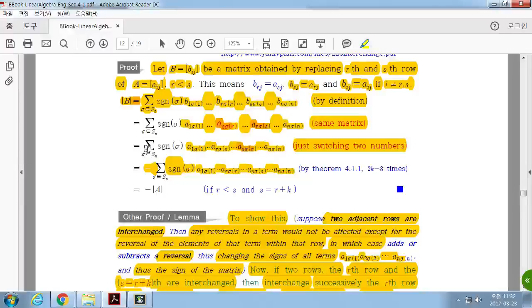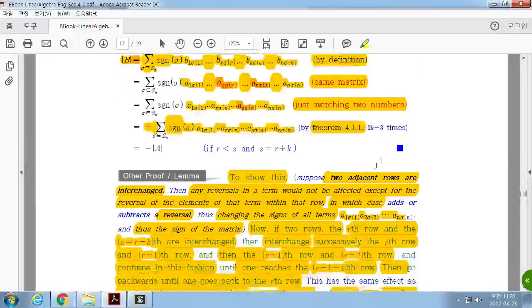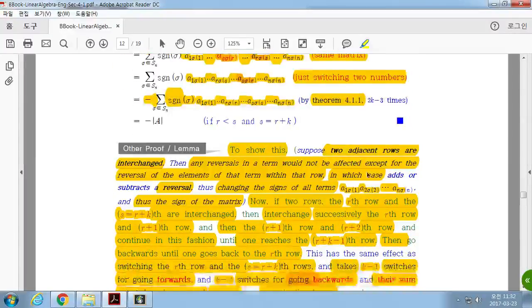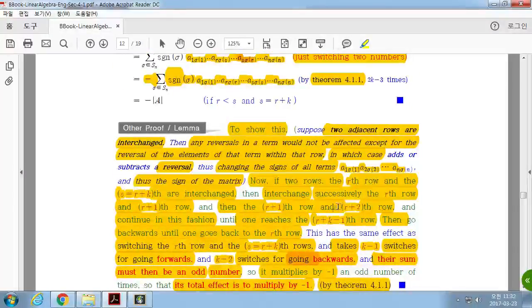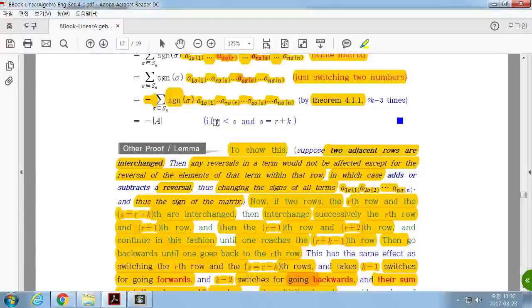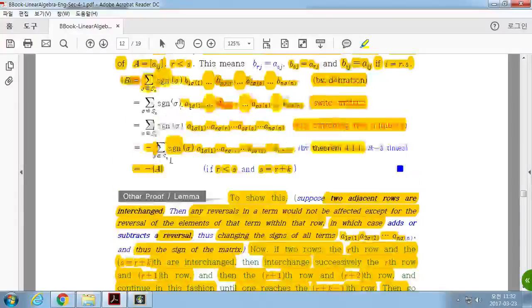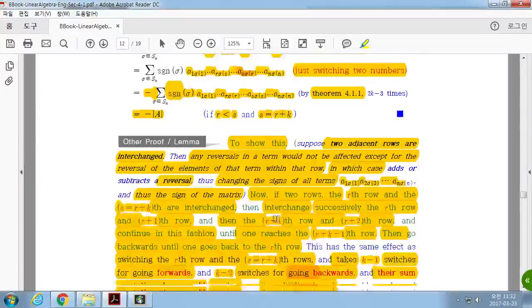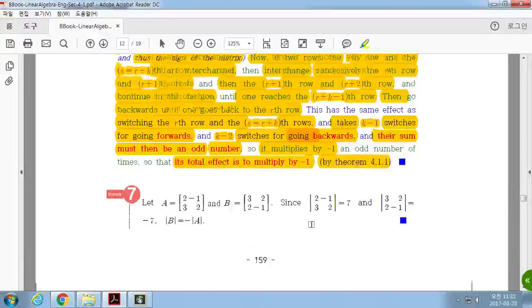So this can be written in this way by theorem 1.1, because we had 2k minus 3 times of sign changes, which is an odd number, when R is strictly less than S and the difference was k. Okay, so this is the definition of determinant of A. So the determinant of B can be written as minus determinant of A. That's it.